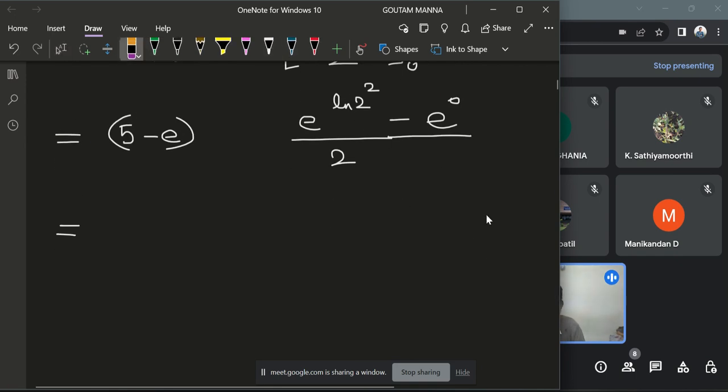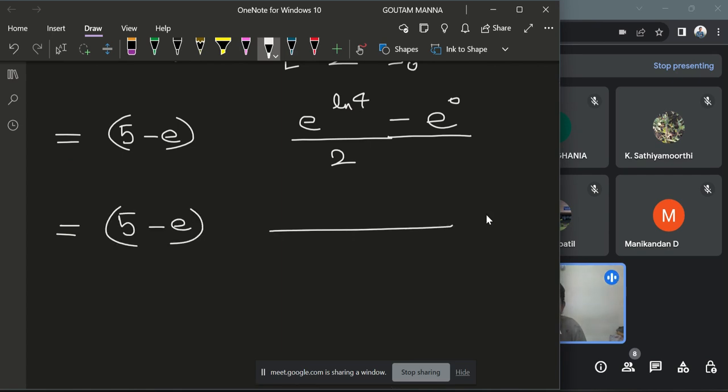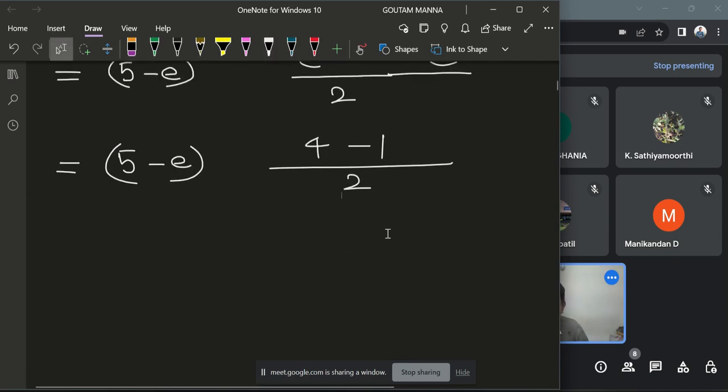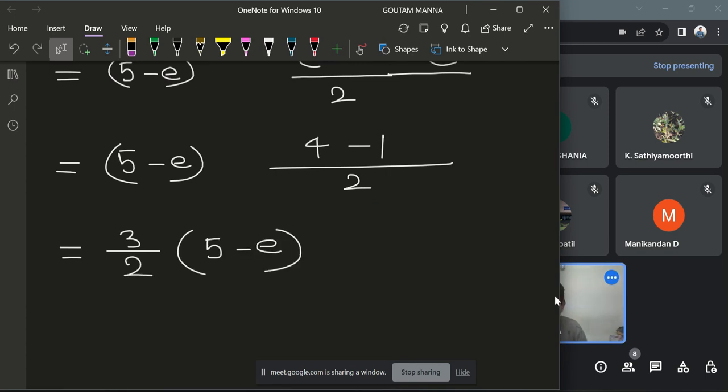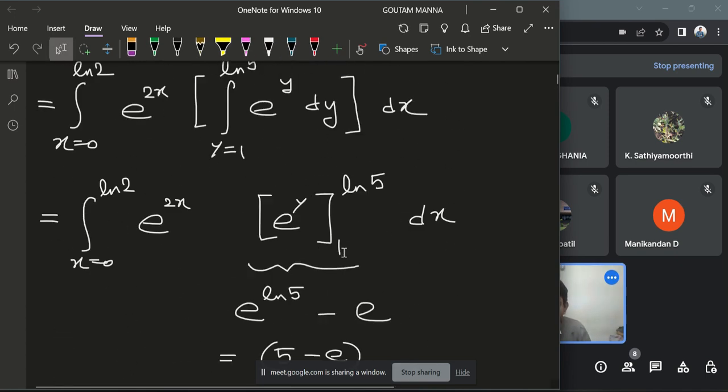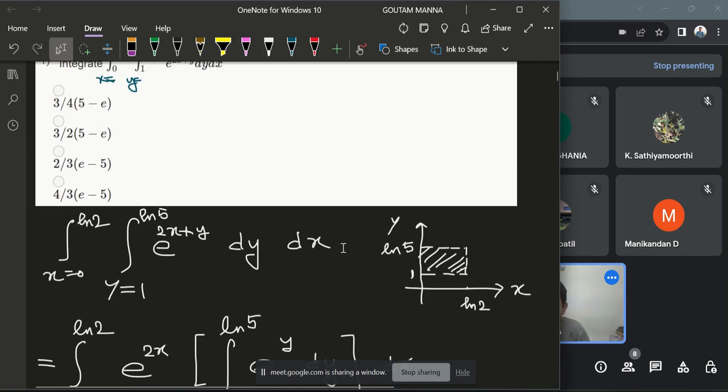It is 5 minus e, and e to the power ln 4 means 4, minus 1, by 2, which is 3 by 2 times 5 minus e. So the correct option is the second one, 3 by 2 times 5 minus e.